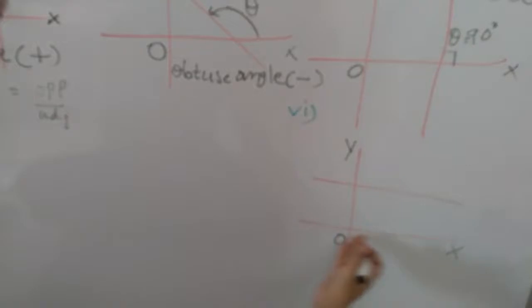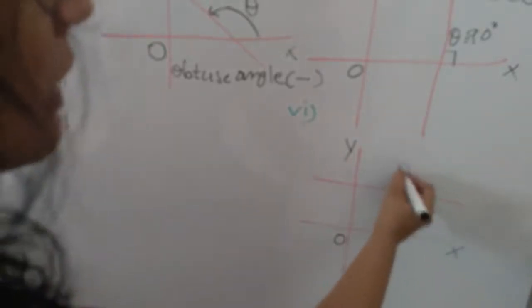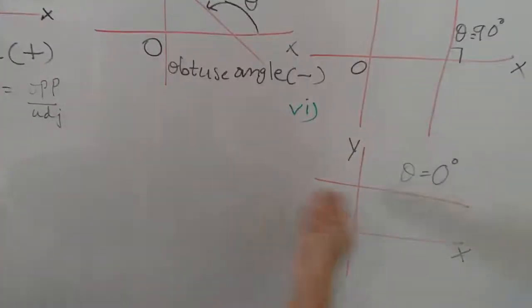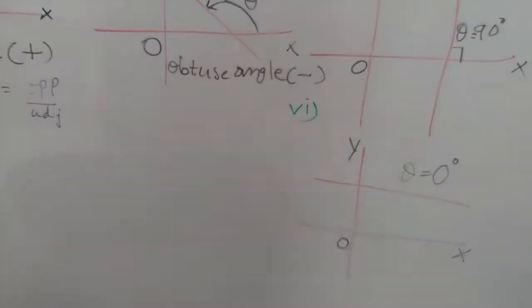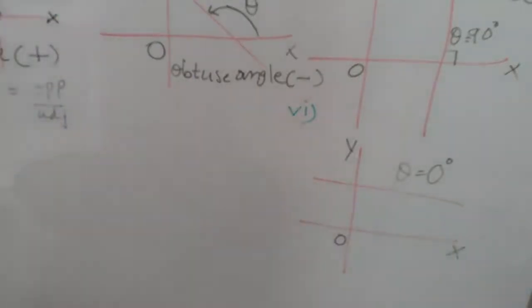So here, students, it will not make any angle with the x-axis. So if the line does not make any angle with the x-axis, it means theta is equal to 0. The angle is 0 degree and tangent of 0 is 0, so the slope is 0 in this case when the line is drawn parallel to the x-axis.